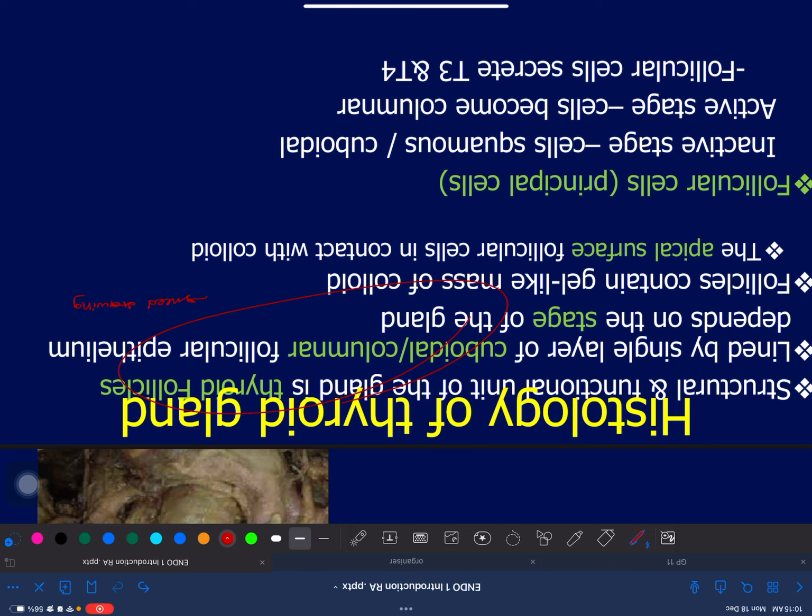Okay, I just go to the overview. Later in the specific lecture, we emphasize again. Okay, so inactive hormones, we call it thyroglobulin. Yeah, it is in colloid form. Okay, and so the active thyroid hormone will penetrate into the capillaries.